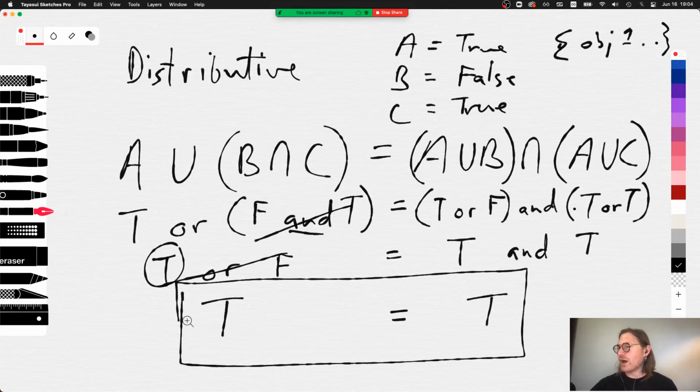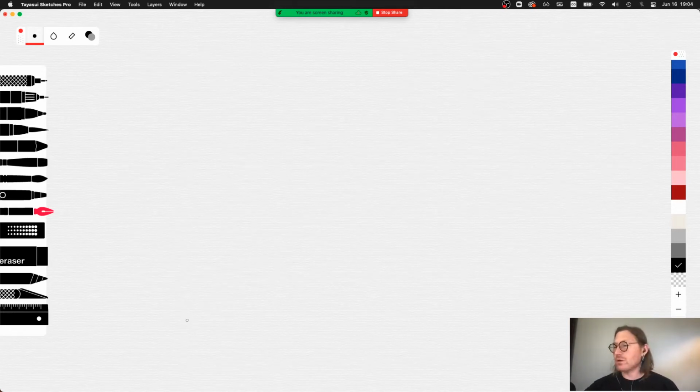I won't write this out, so this is still the distributive property, but I want to show you the other form this can take.